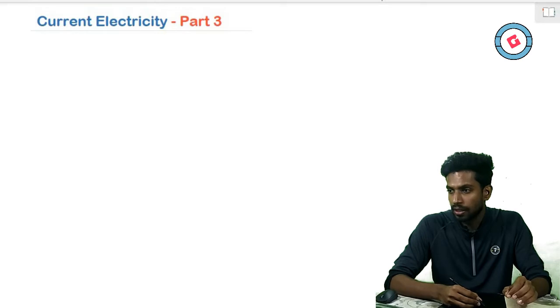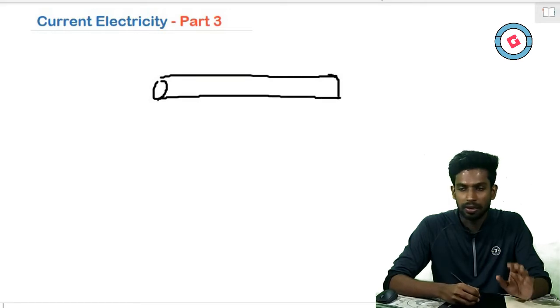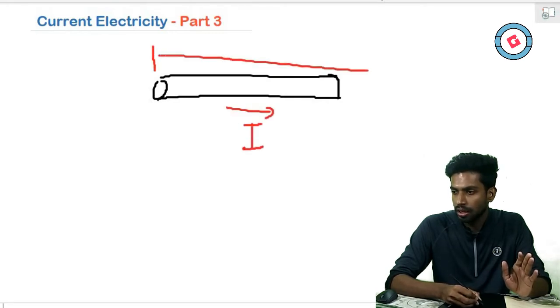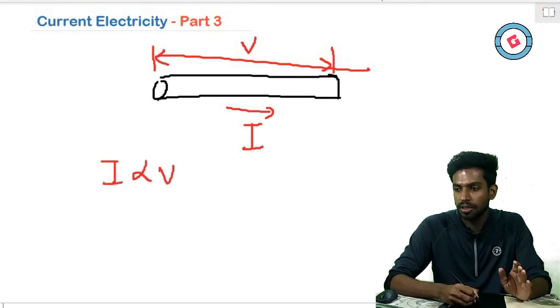So if this is a conductor, and temperature and other factors remain constant, the current passing through, that is I, is directly proportional to potential difference, V. So I is directly proportional to V. This is Ohm's law.